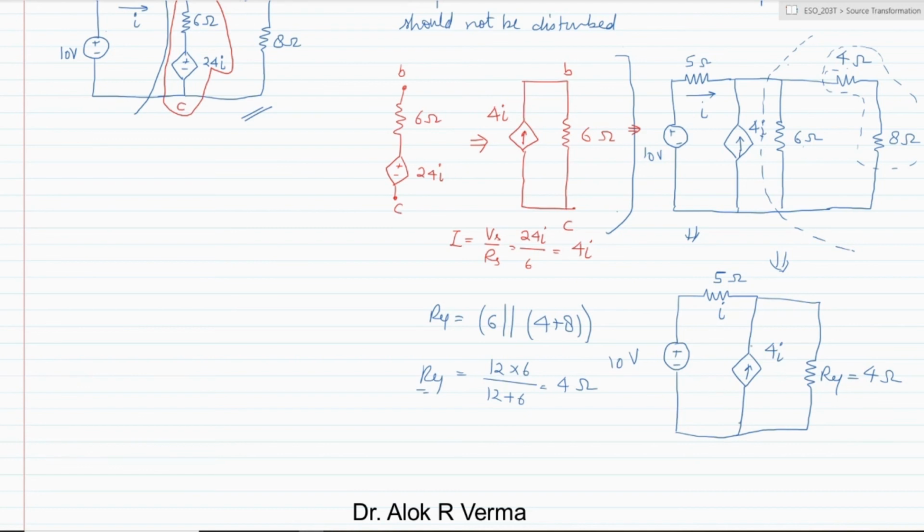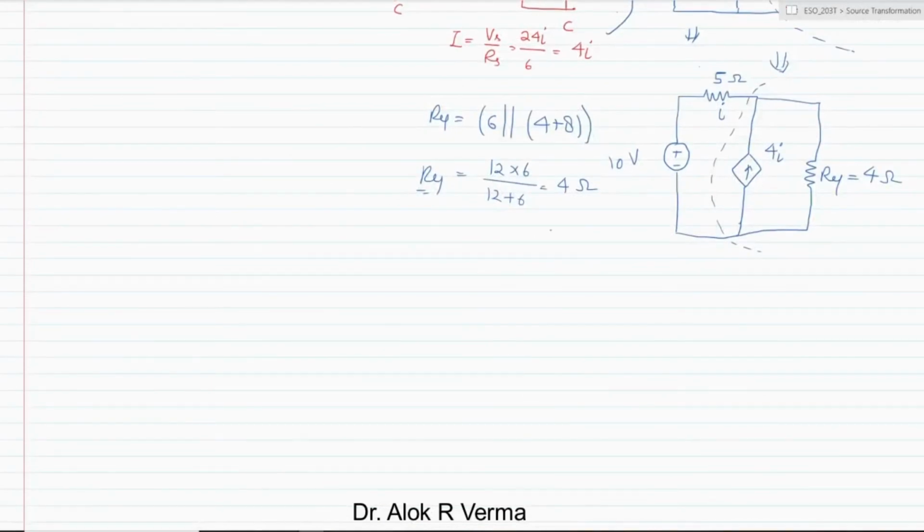So here we can think of transforming this source into a current source, and then two current sources will be in parallel, so we can easily add those two current sources or subtract depending upon the current direction and solve the circuit. But the condition for transforming this source was that this element should not be disturbed. It means that we can only convert this source back to a voltage source. So let us convert this, this side is free space, so we can draw here.